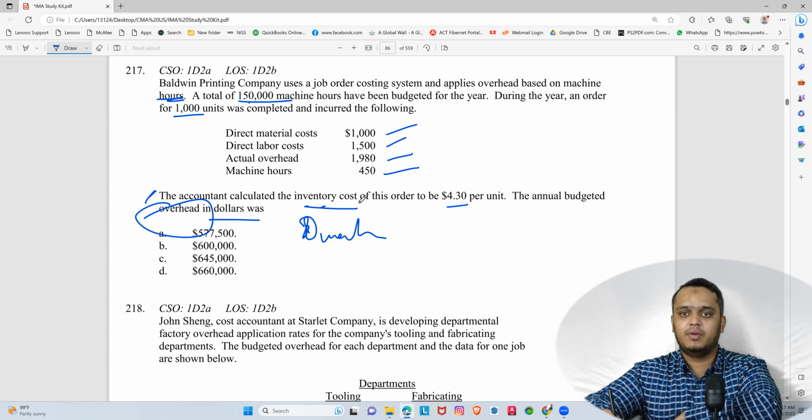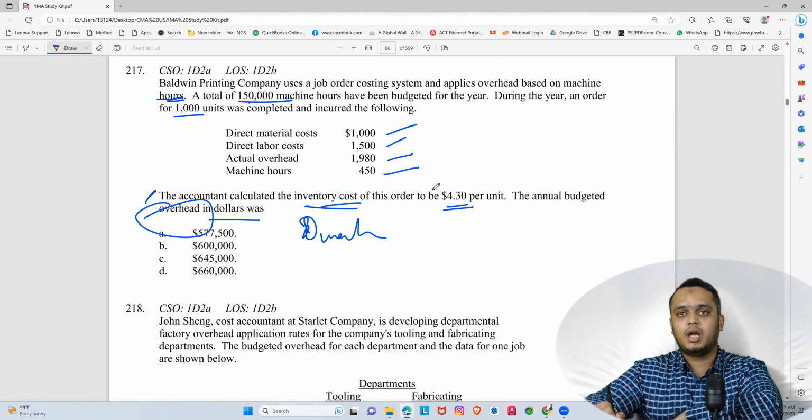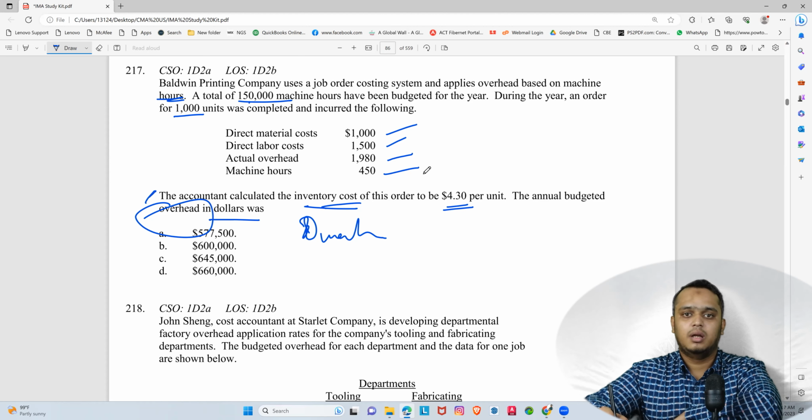If you just see, the inventory cost is 4.3. When the inventory cost is 4.3, how much is the total overhead? First of all, this 4.3 is there with us, for these 1,000 units. Let us see what is the material cost and labor cost and remove those costs first.